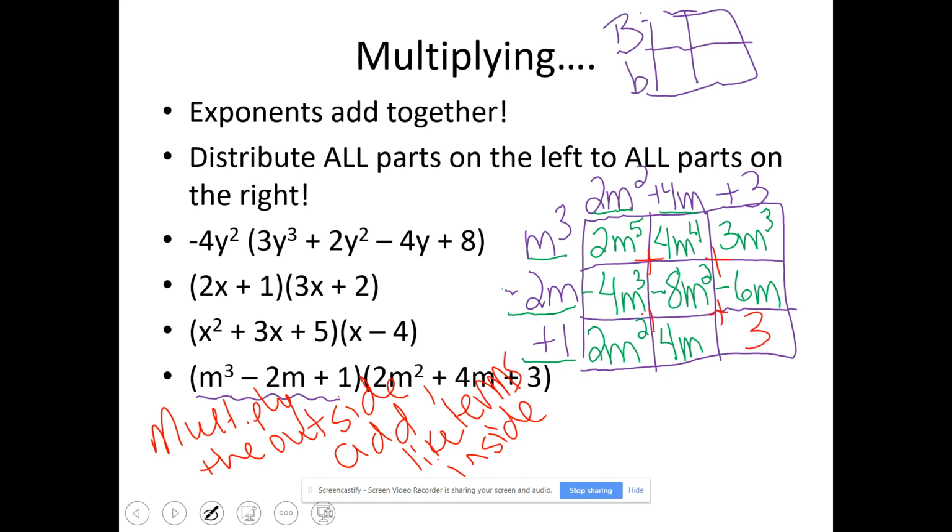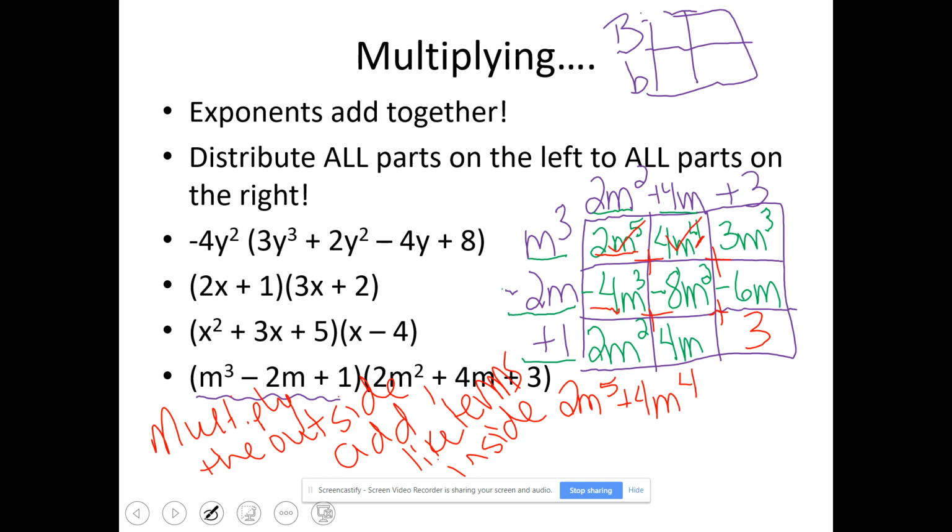Oops, I need my 3. So I'm going to start with 2m to the 5th. Is there any other m to the 5th? Nope. So we have 2m to the 5th, m to the 4th. No other m to the 4th. So plus 4m to the 4th. Check, check.